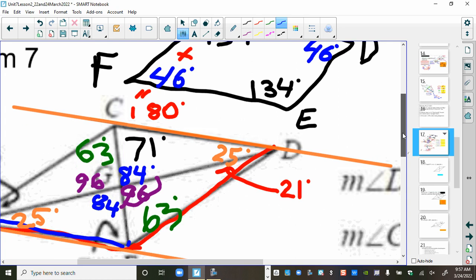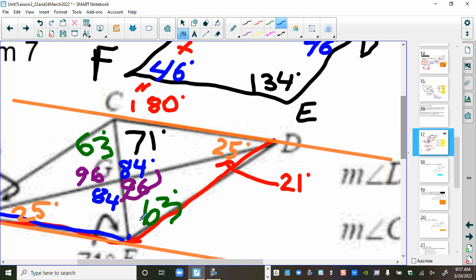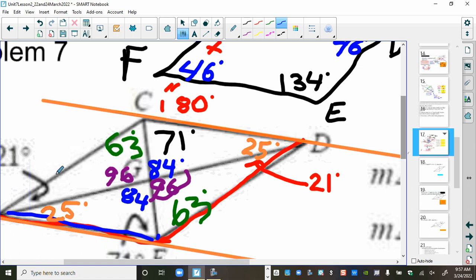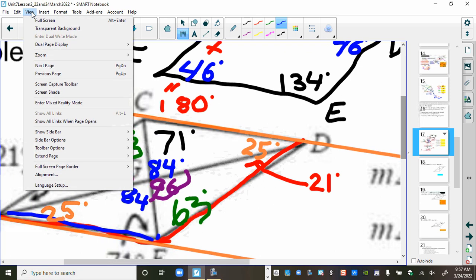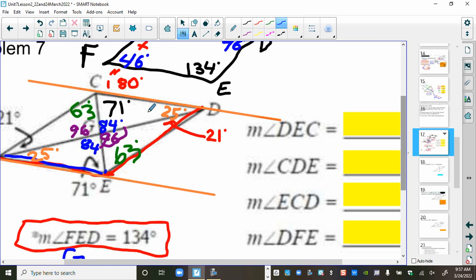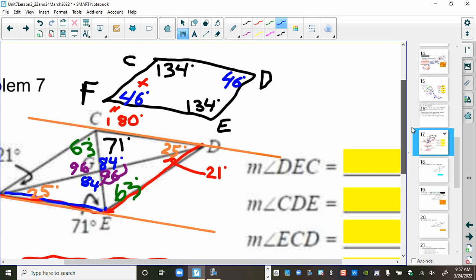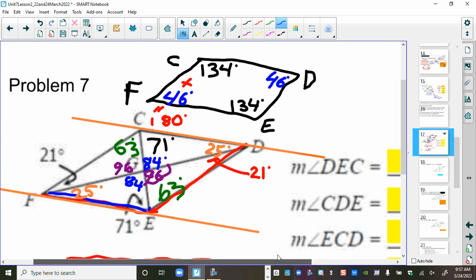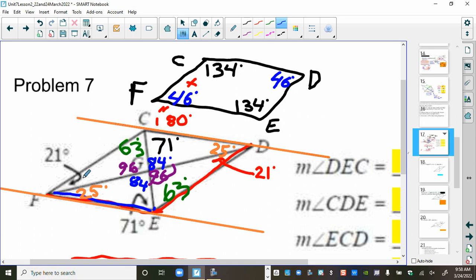Because we were given that information that this little angle over here, I'm going to have to zoom out a little. Because we were told that this little angle is 21. Therefore, if that entire angle adds up to 46, if this part's 21, the other part has to be 25.